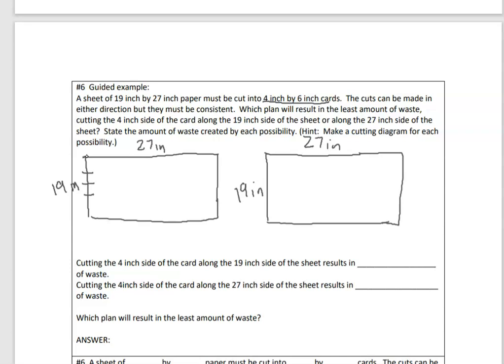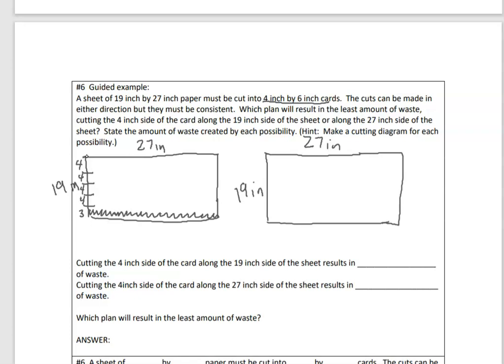But I have a little bit of leftover space. This part down here is not going to get used. This little space down here is 3 inches, because this is 4, 4, 4, 4, and 3. All of those need to add up to my 19. So I didn't have enough to put one more card down here.